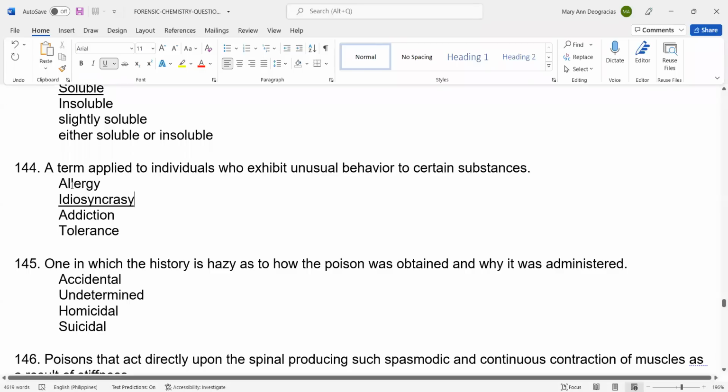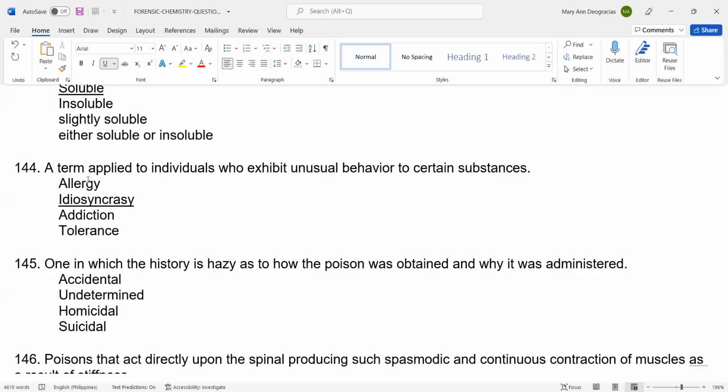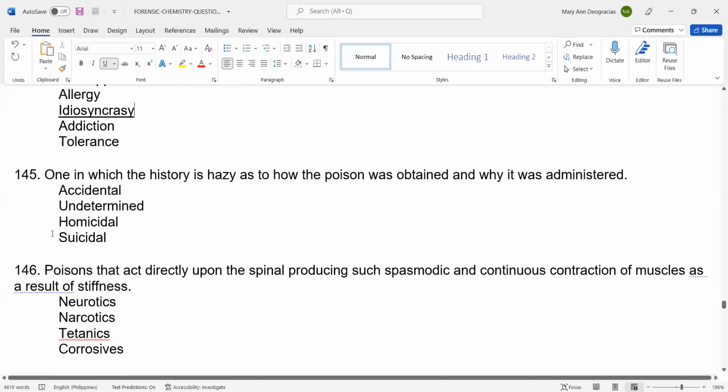So, allergy is nandyan na yan sa katawan mo eh. Allergy is hindi nawawala yan. Idiosyncrasy yun. Unusual behavior. Basta unusual behavior, that's idiosyncrasy.